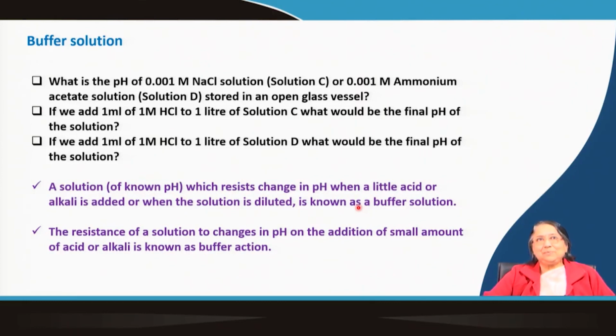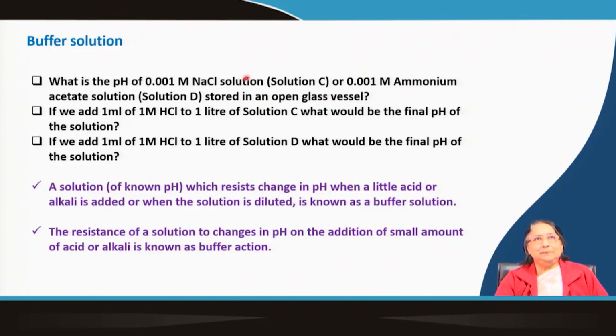Before going to that, I have two more questions. What is the pH of 0.001 molar NaCl solution? If I call it solution C, then what is the pH? And what is the pH of 0.001 molar ammonium acetate solution if we call it solution D, stored in an open glass vessel?